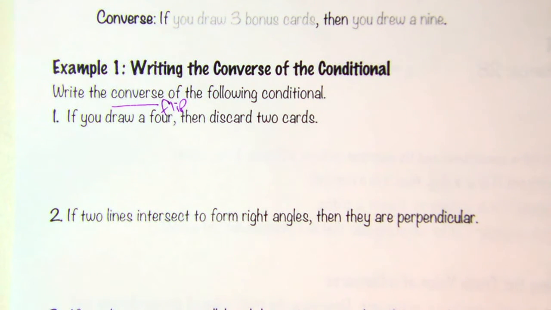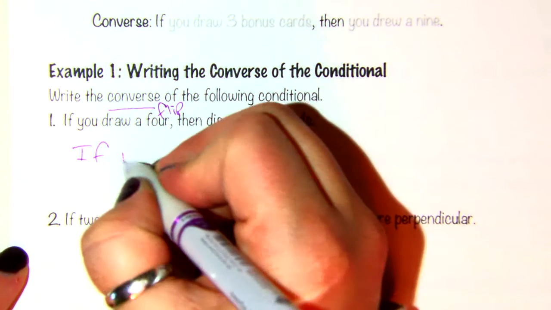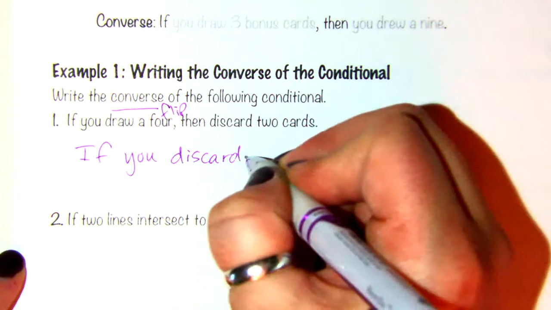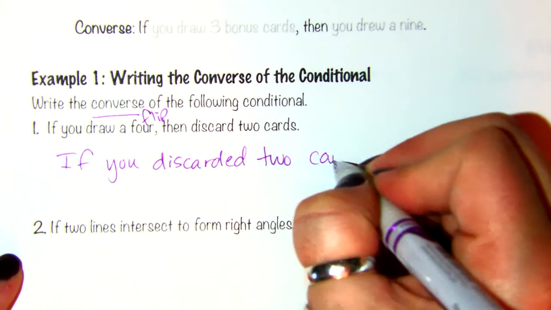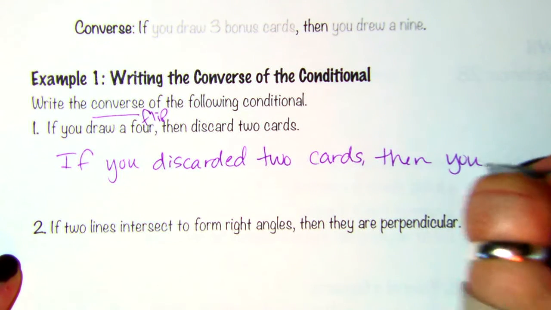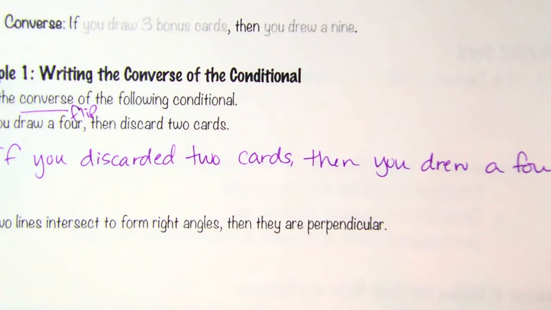So when you flip the hypothesis and the conclusion, it will say if you discarded 2 cards, then you drew a 4. And that is all for number 1.